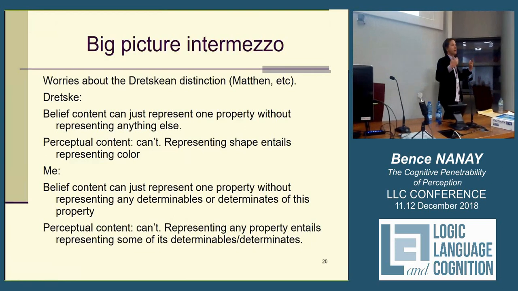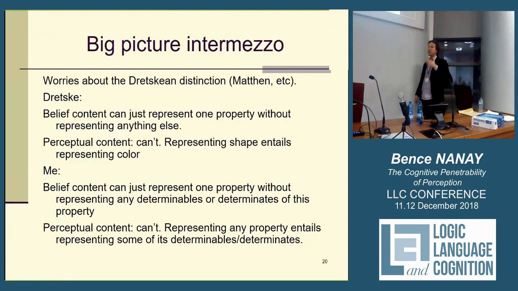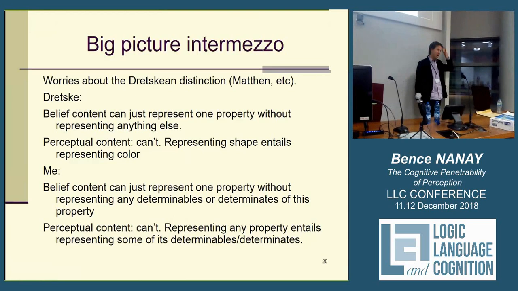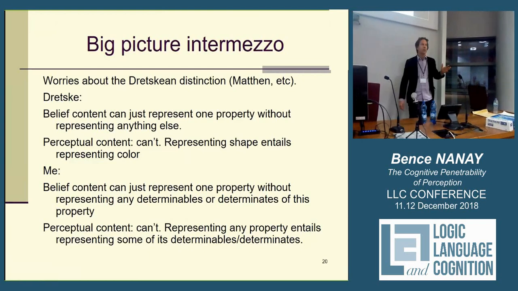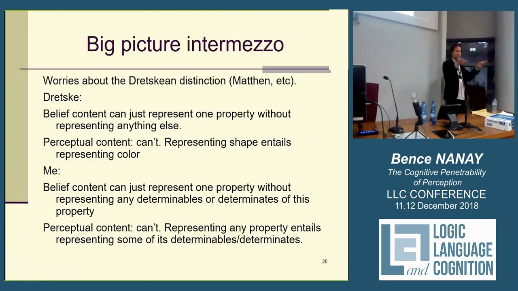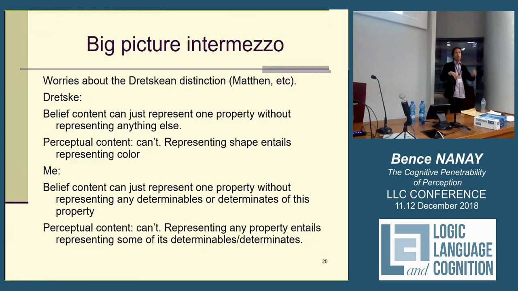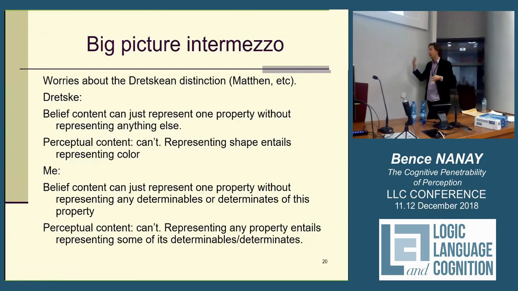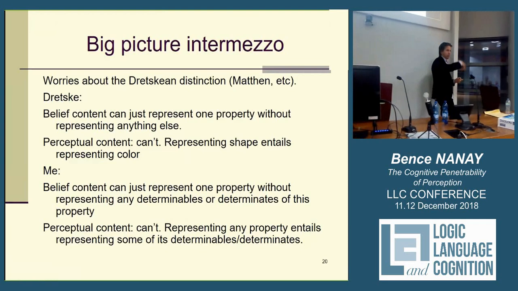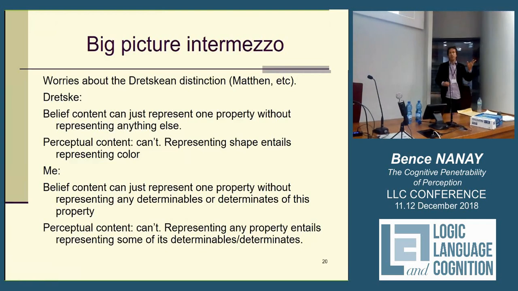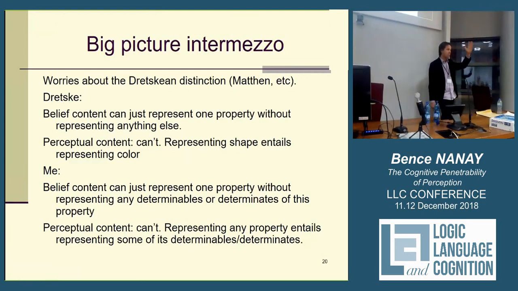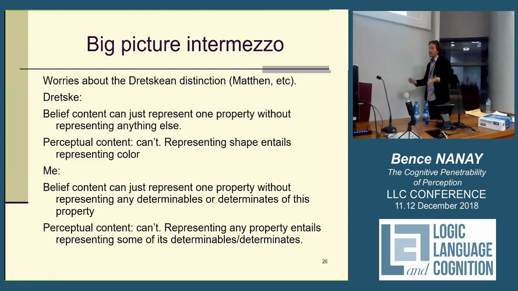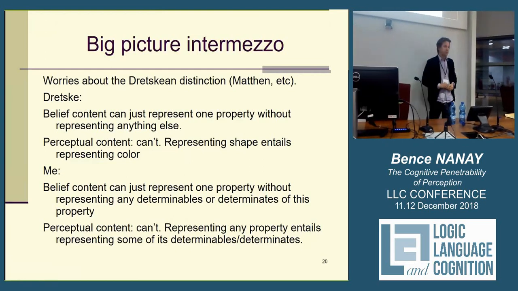So you can see how this is a kind of neo-Dretskean view, in the sense that in the perceptual case, attributing a property entails the attribution of other properties. But in the Dretske case, it's a horizontal entailment, in which you attribute one property, a shape property, and that entails attribution of a different kind of property, a size property or color property and so on. In my case, it's a vertical entailment. Attributing a property entails the attribution of other properties, namely the determinables and determinants of that same property. Whereas in the case of beliefs, that's just not so. In the case of beliefs, there is no such entailment.